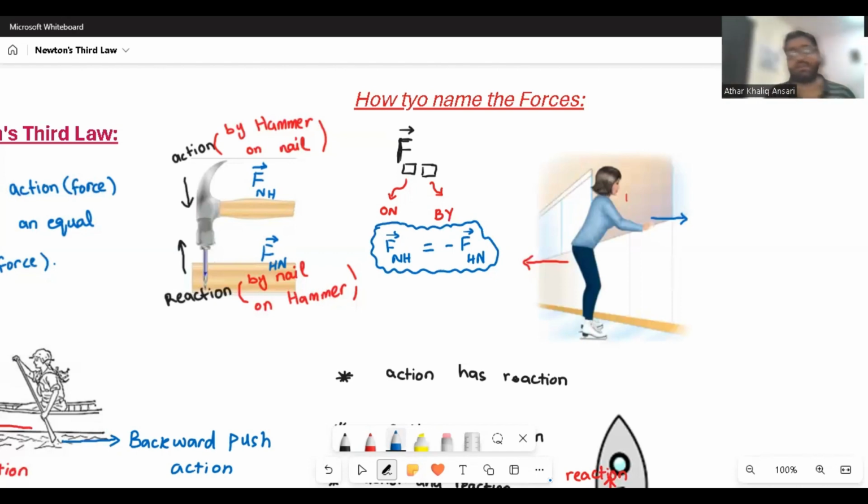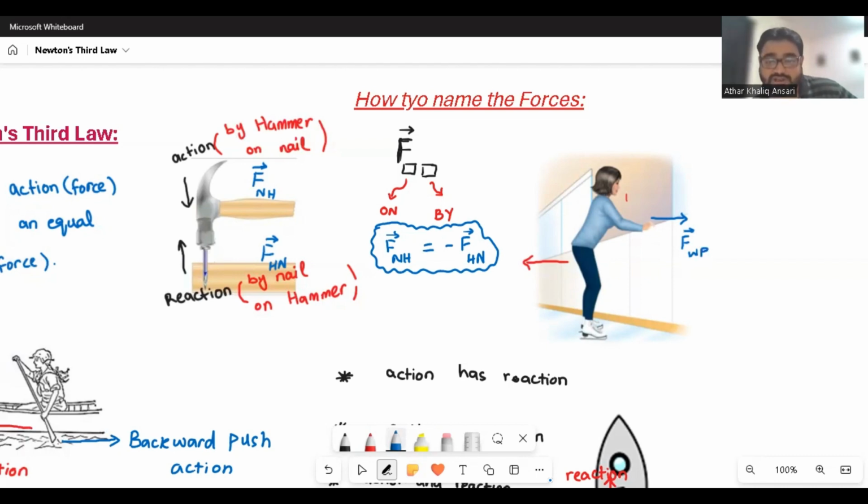Similarly, if you look at the skater here, this person is applying force on the wall. As an action, I will say force of the person on the wall. For the wall, I will use W, and for the person, I may use P. So action is F_WP, force on the wall by the person.